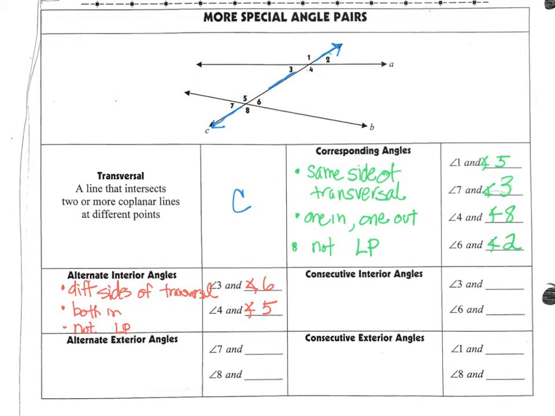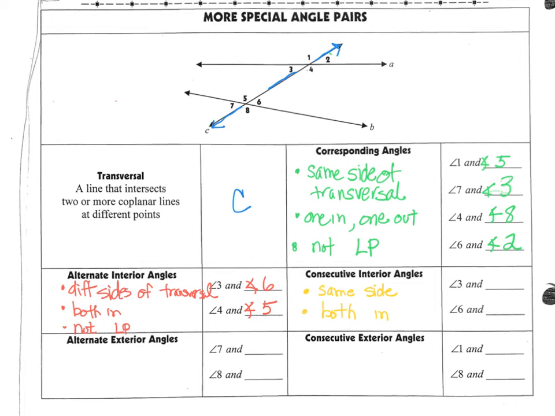Okay, let's look at our next set. And we're looking for consecutive interior angles. So there are only two things to remember here. They must be on the same side of the transversal, and they must both be on the interior.